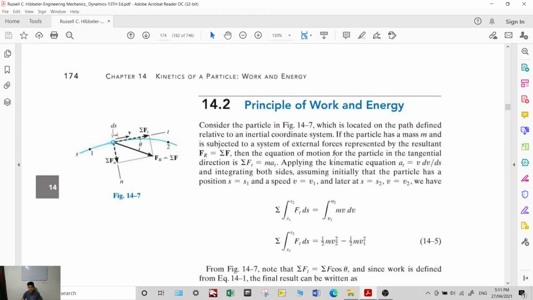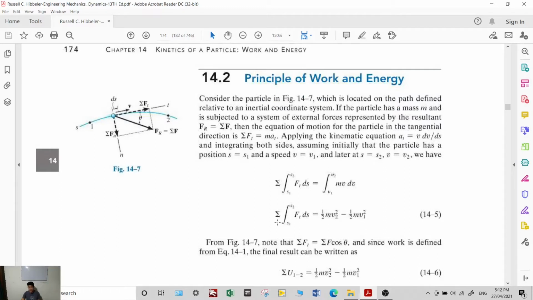And then we integrate this one. So if we integrate both sides, okay, we can take the summation out. So we will get this equation: summation of Ft ds is equal to 1/2 mv2 squared minus 1/2 mv1 squared.